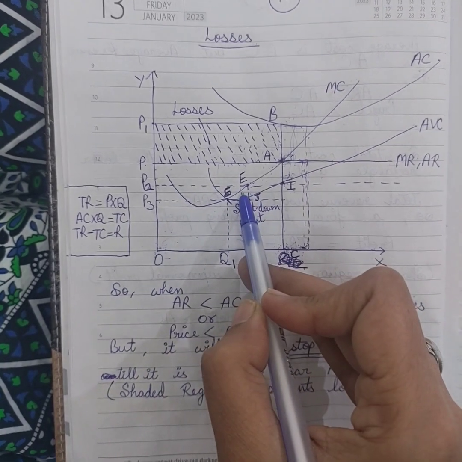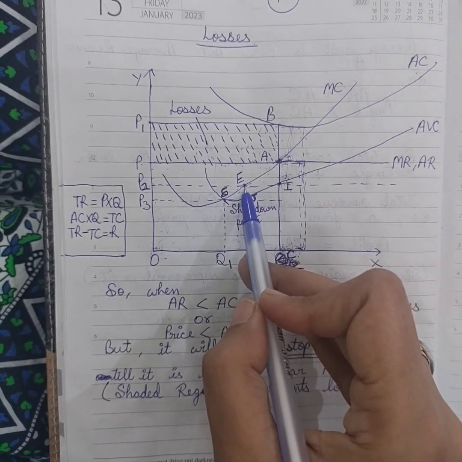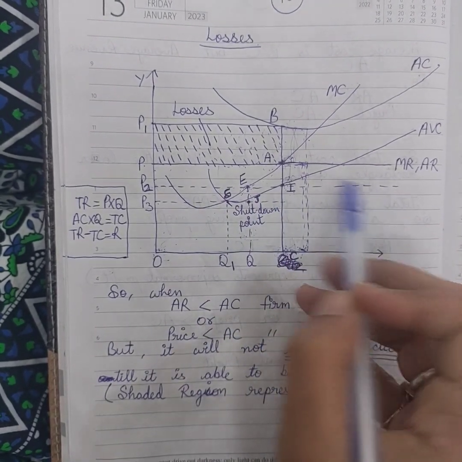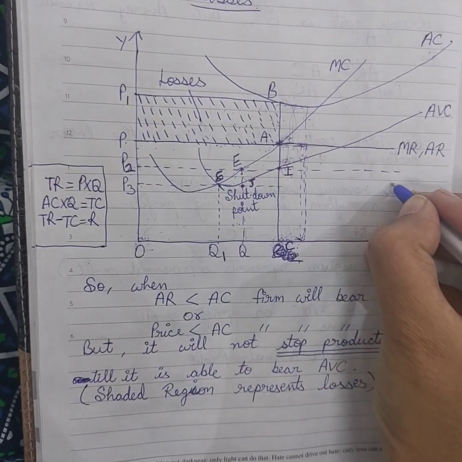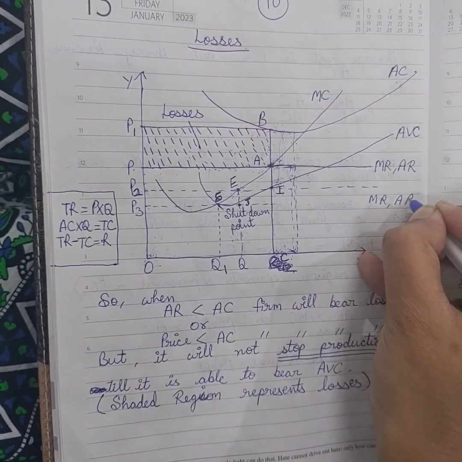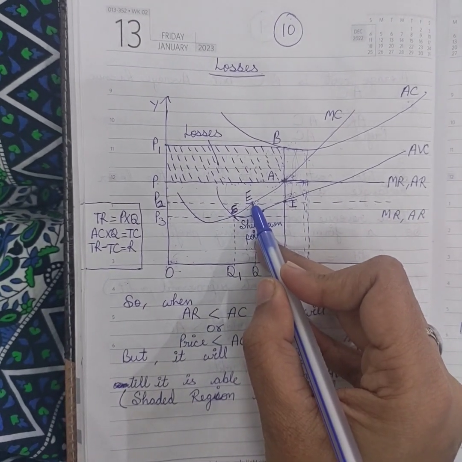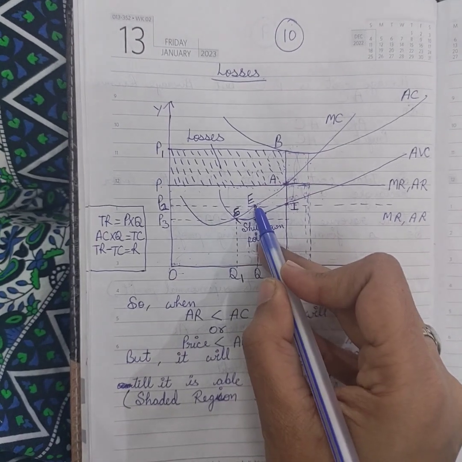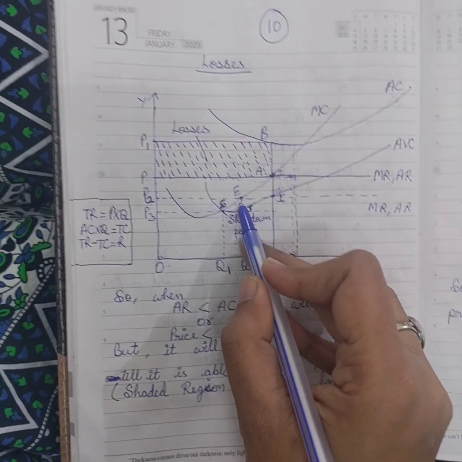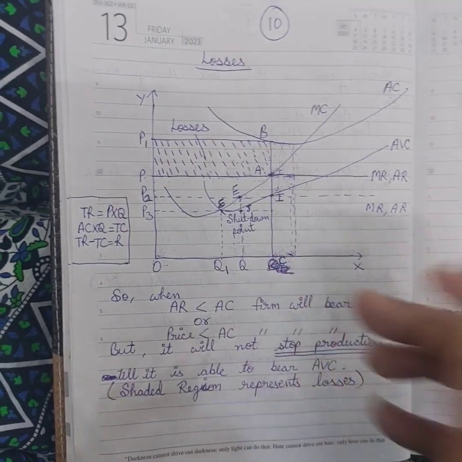Again I am repeating, MR should be equal to MC and the MC curve should cut the MR curve from below. So this has become our MR and AR curve now. Both the conditions are met here. So if the demand decreases and the prices also fall, this becomes our equilibrium point.